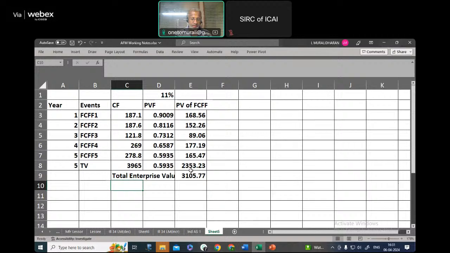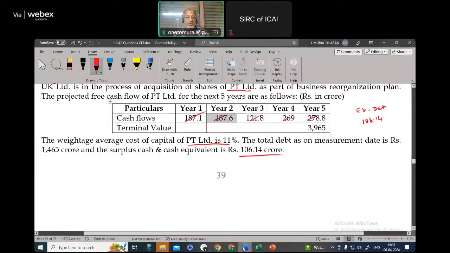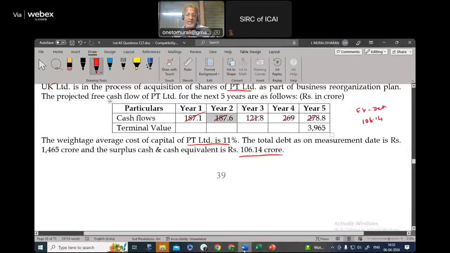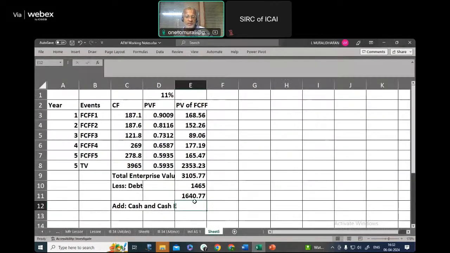From there, we are expected to deduct debt of the entity given as 1465. Then add cash and cash equivalent, 106.14.